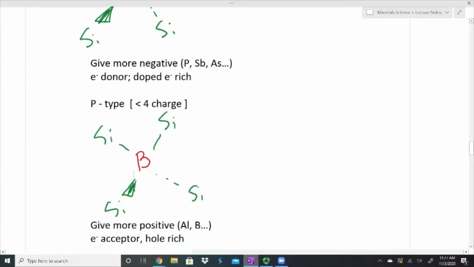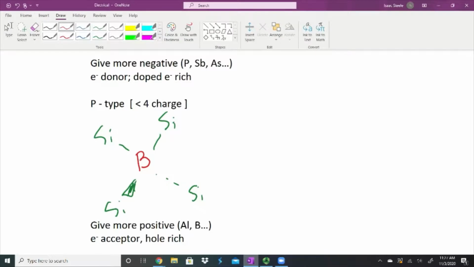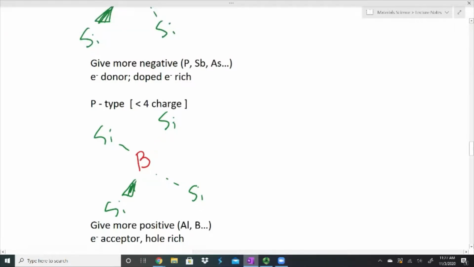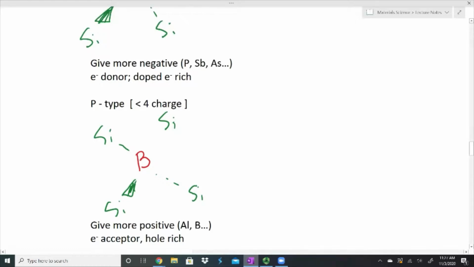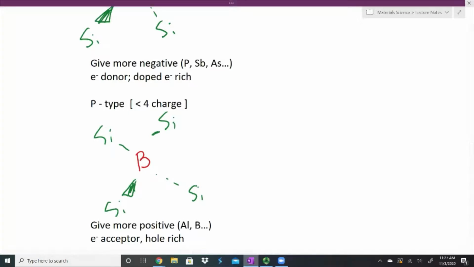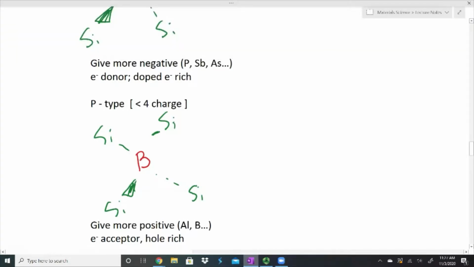Which means that it can only make 3 bonds, which means that one of these silicon atoms, we'll go ahead and say this one up here, has this electron that wants to bond, but boron doesn't have the ability to do that. We say that boron has a hole.